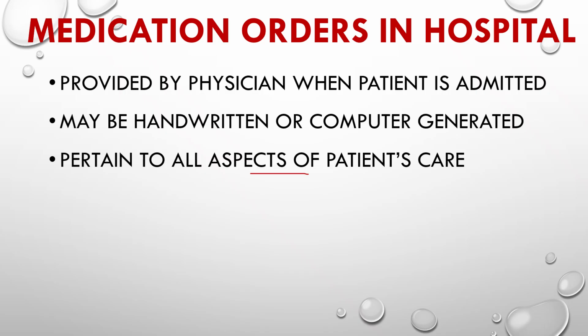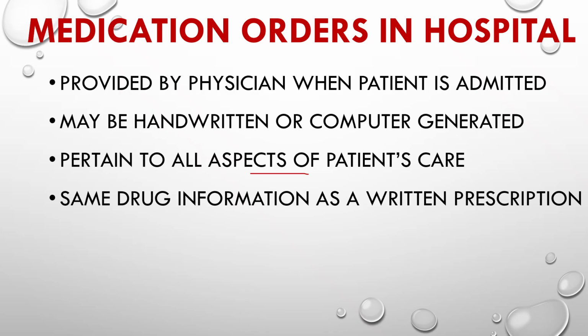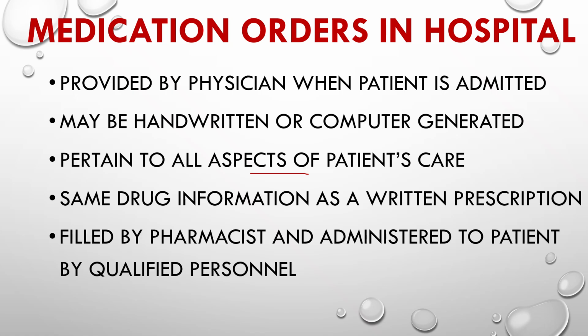So this medication order already has everything. So not only the prescriptions that they need, but also are they allowed to eat? Are they restricted to like a liquid diet? You know, things like that. Every part of that is referred to or part of that medication order. And then the same information though that is on a written prescription goes into this medication order as well.